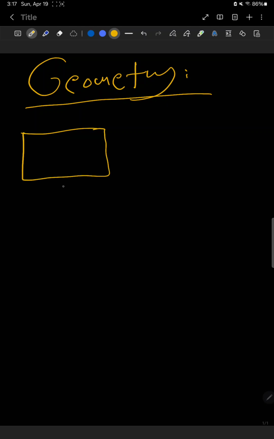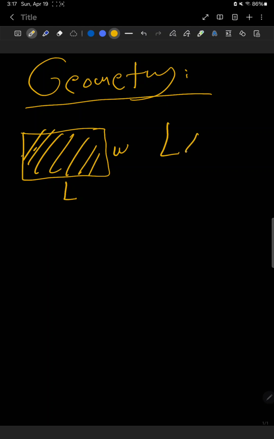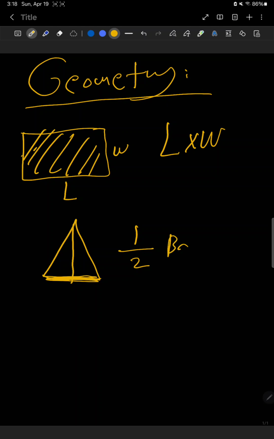It has the length L and width W. So the area of a rectangle is L times W. What's the area of a triangle? This is the base and this is the height. So it is half the base times the height.